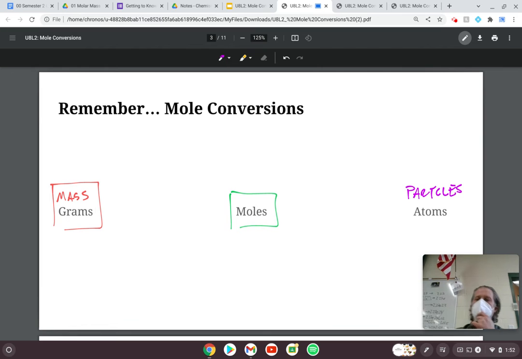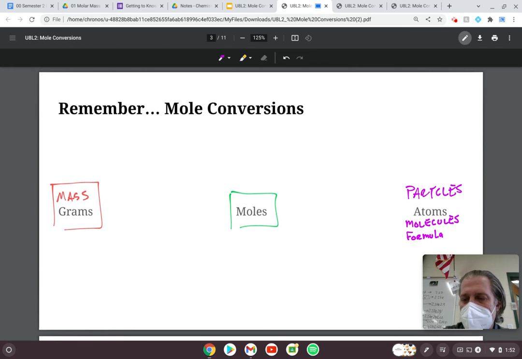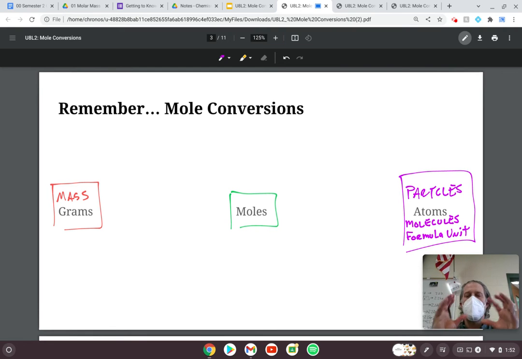In particles, we also talked about them in terms of atoms and molecules and something called a formula unit. So we have mass, we have moles, we have particles.